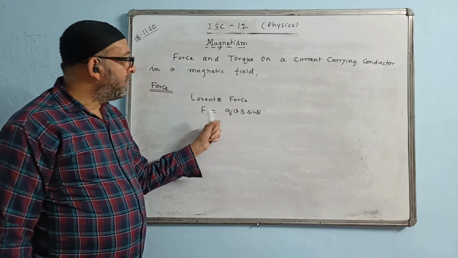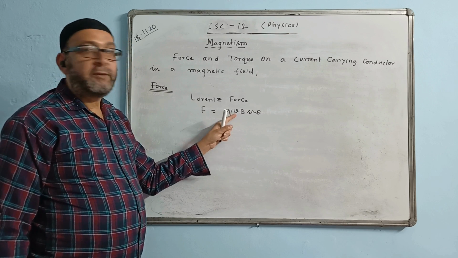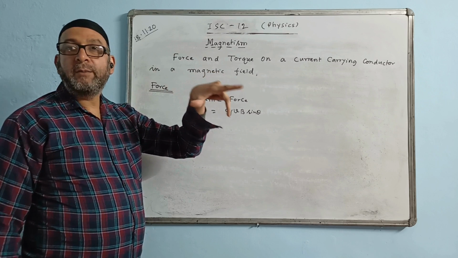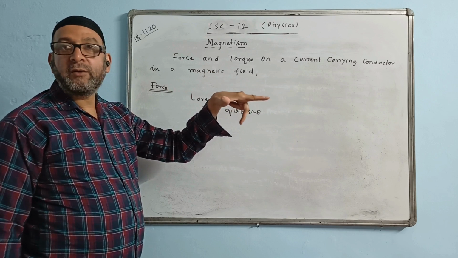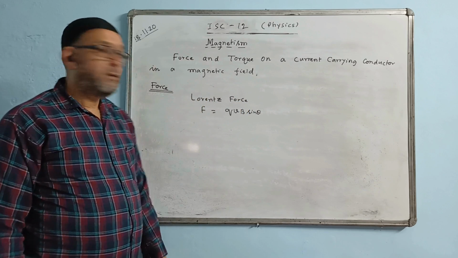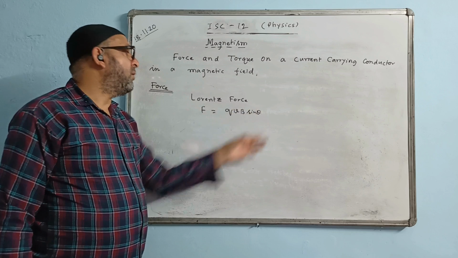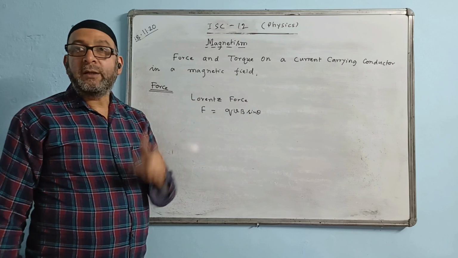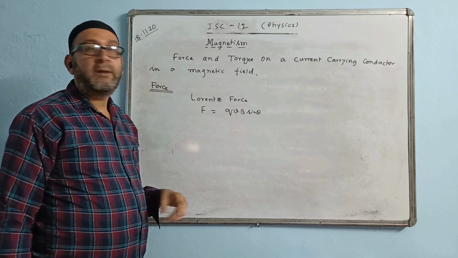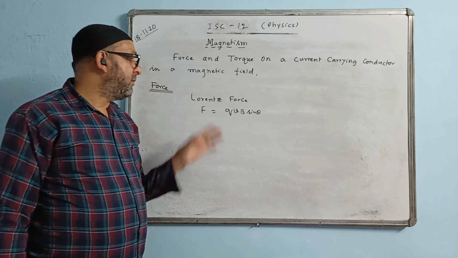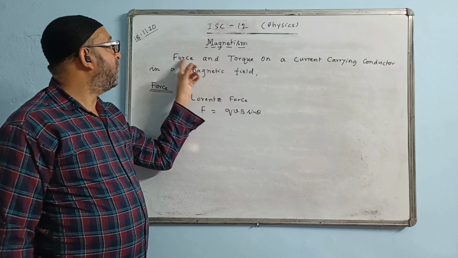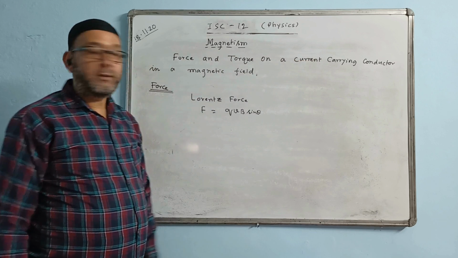Here the charged particle is having charge q moving with a velocity v, and the direction of force is given by Fleming's left hand rule. If you remember, the three fingers were stretched perpendicular to each other. FBI, if you remember that. This equation is in terms of charge and velocity, and this same expression we will change in terms of current, because force on a current carrying conductor is mentioned.